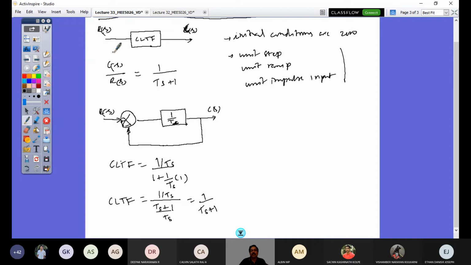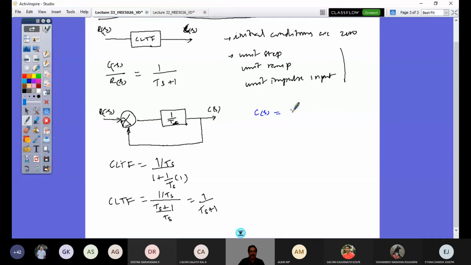If this is my transfer function, how do I get my response is what we are going to see now. Look at what my output is. The output is C of S, and that's going to be 1 by Ts plus 1 into R of S. So what is my R of S? I would first take a unit step function.